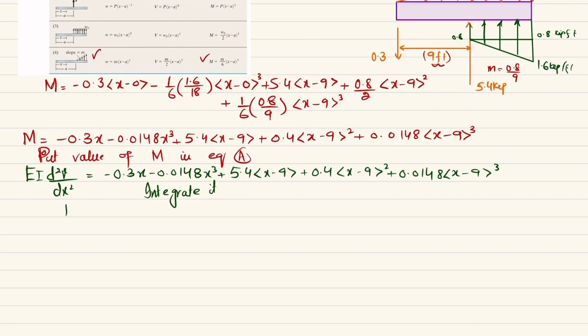you will get EI into dV over dx will be equal to minus 0.3 x square over 2, which will give you minus 0.15 x square.